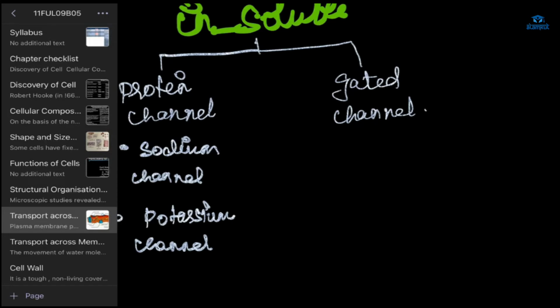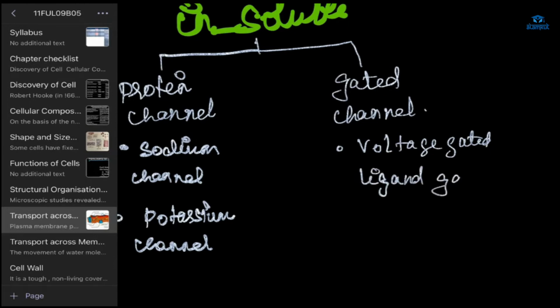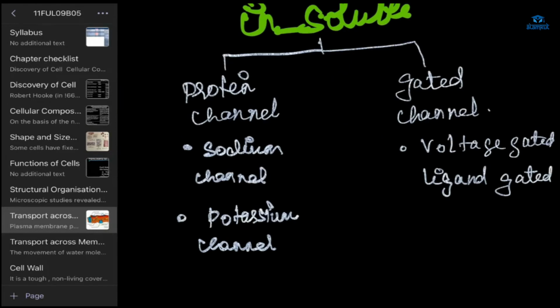It opens and closes. If we want the entry of some substance, it will open. If it doesn't want, it will close. For this, we have example types: voltage gated, ligand gated. Voltage gated responds to change in electrical potential, and the gate will close or open accordingly.